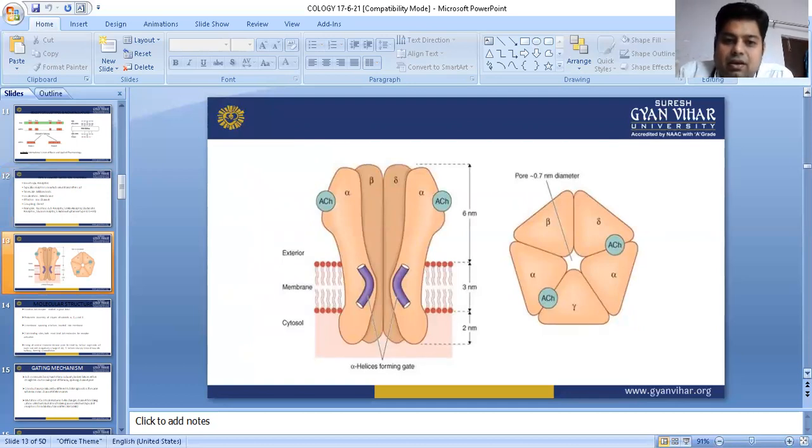We can see the structure of the ligand gated ion channel in this diagram. There are two alpha units, one beta and one gamma unit. These units form a circle, and in the middle there is a small pore of 0.7 nm diameter. There are two acetylcholine sites at which acetylcholine binds and produces the response.